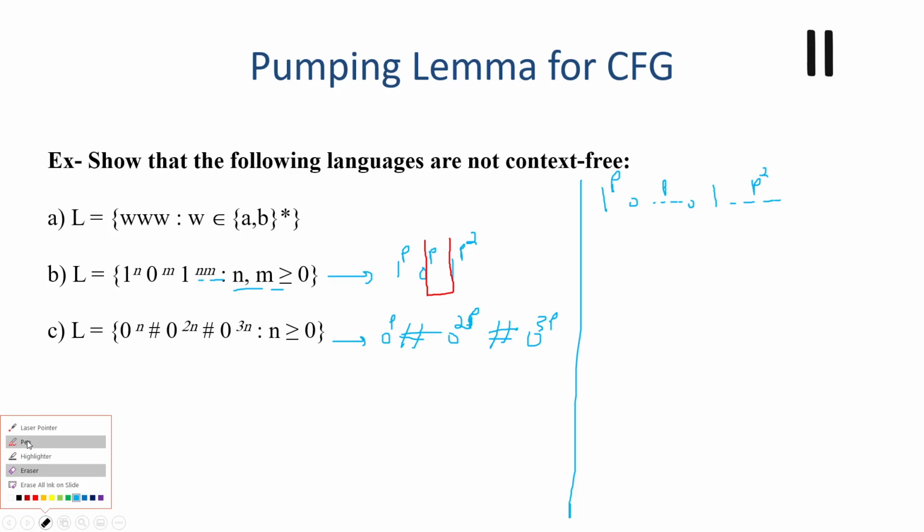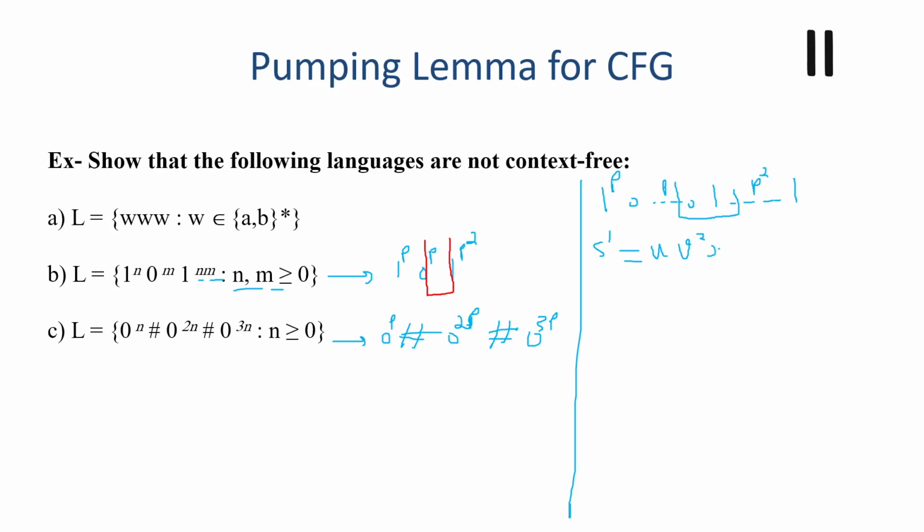Now, why is this actually kind of different? Because if I start here and I end here, it's obvious that this is a case where it should fail. But when you actually say S prime is u v squared x y squared z, I'm going to get 1^p, 0^(p plus L), and then 1^(p squared plus K).